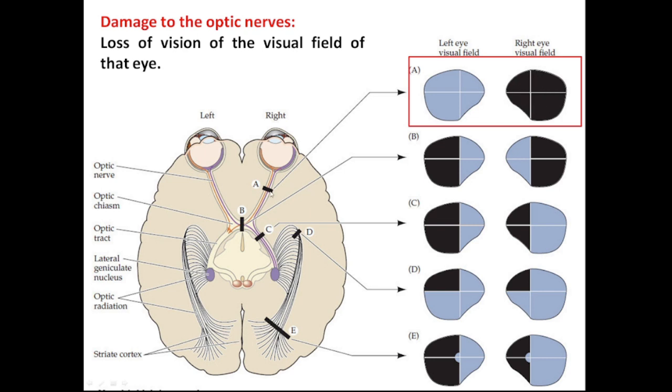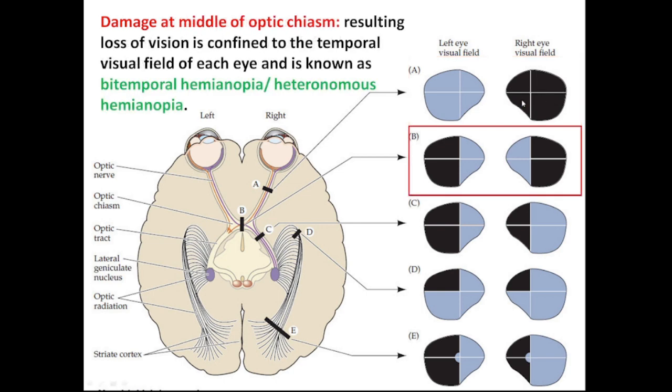The optic nerve can be damaged accidentally, or nerve conduction can be affected by development of a tumor in this region, or by loss of blood supply to this region. So if you damage the optic nerve, the visual field of that particular eye will be affected.